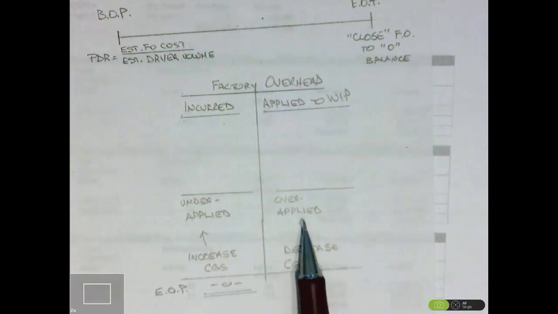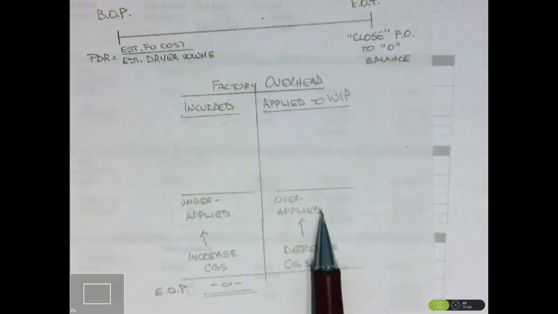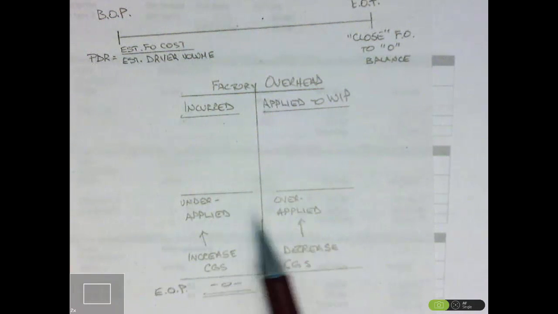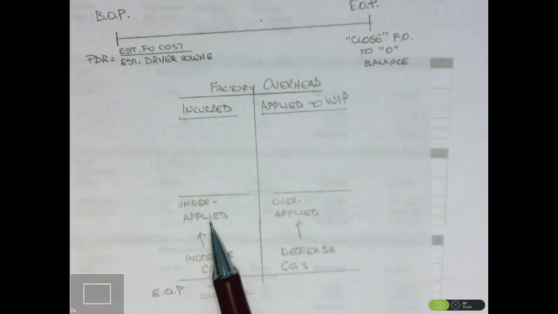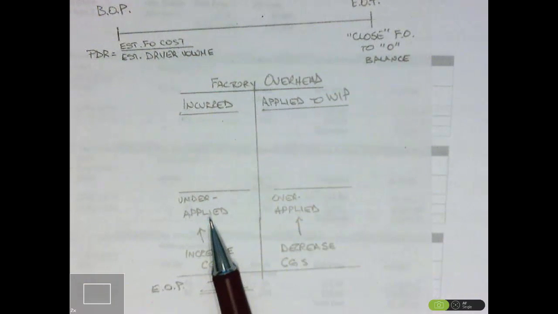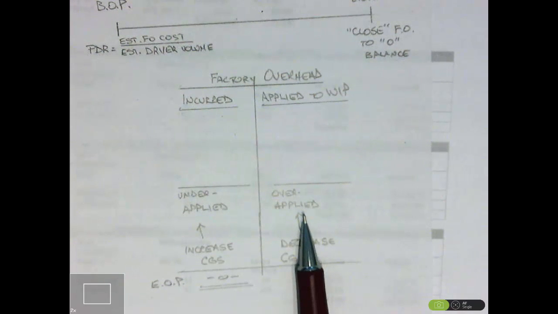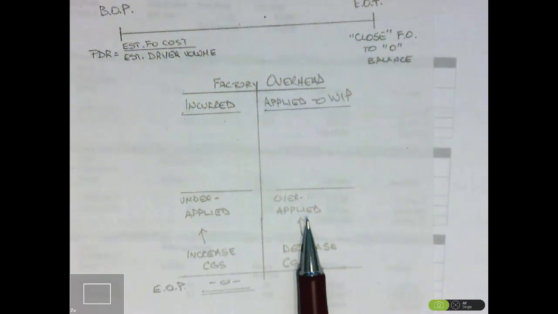The estimated amounts that are applied to jobs are shown on the credit balance. Rarely do these two numbers equal. Sometimes there will be more left-hand debit charges than there would be right-hand credit amounts applied to work in process.